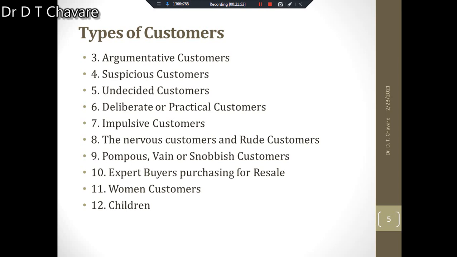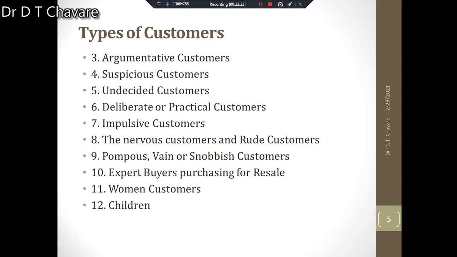Then another type of customer is also there, suspicious customers. Some of them may have genuine doubts about the product, about the quality, about the price. But a lot of customers of this type are unreasonably doubtful about the purpose and intentions of the salesman.